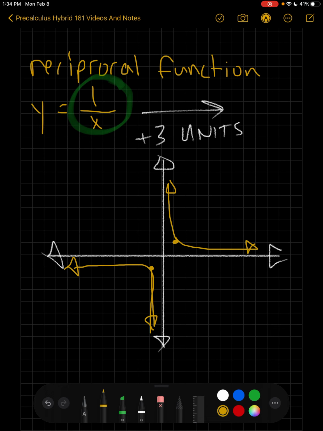We have here a vertical asymptote at x is equal to 0, because that would cause us to divide by 0, and that's a big problem. But with our new function, we have actually shifted that over. We have a removable discontinuity at x is equal to negative 3, and we have a vertical asymptote at x is equal to positive 3.